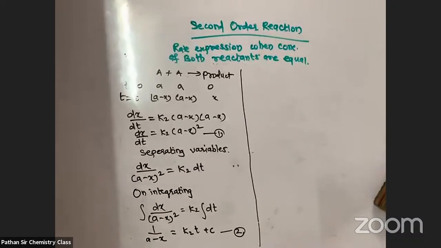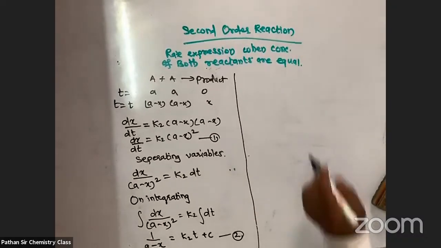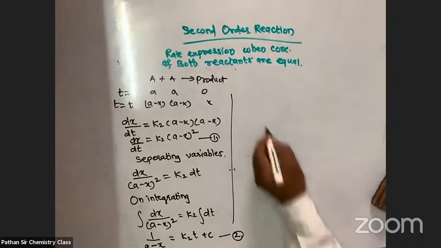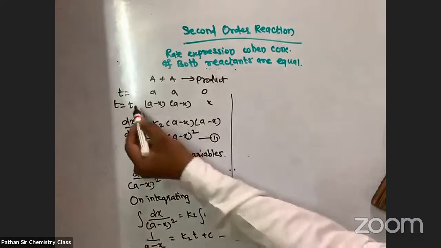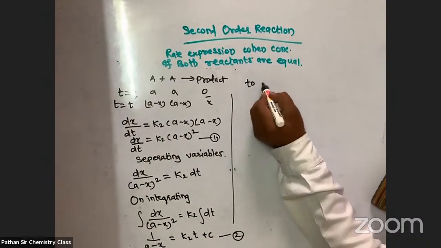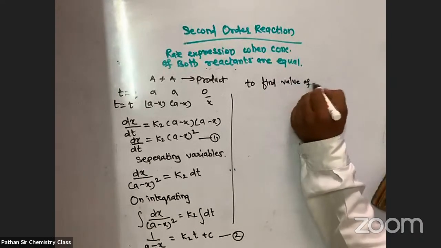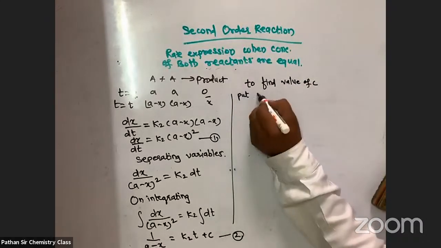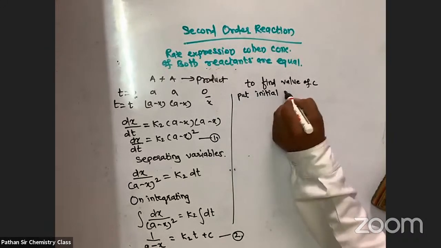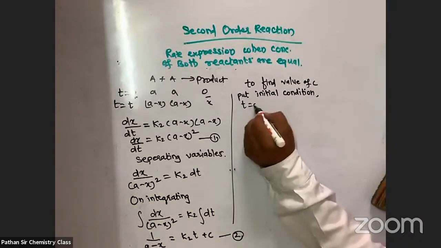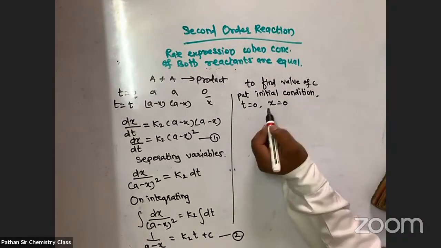Okay, so how did we find out the value of c? What we do is, to find the value of c, we put initial conditions. At t equals 0, x is equal to 0.